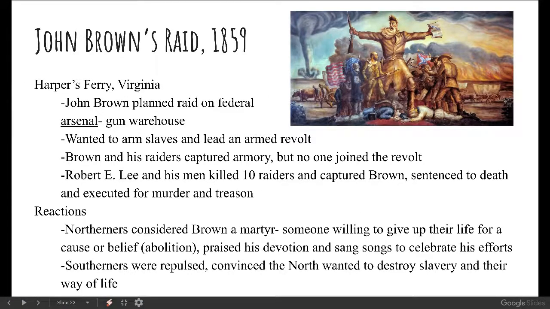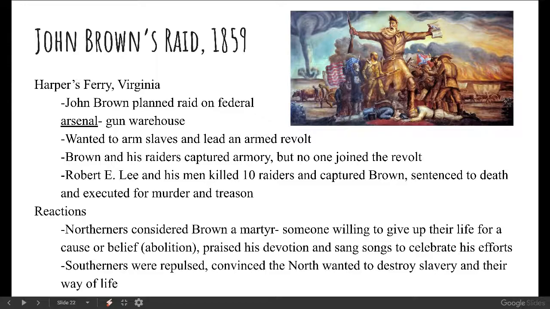Right. Before we get to that, though, we have one last major issue here with slavery, and that is John Brown's raid in 1859. This takes place at Harper's Ferry in Virginia. Now, John Brown, who we mentioned before, was one of the abolitionists in Kansas who dragged those 5 pro-slavery people out and murdered them.